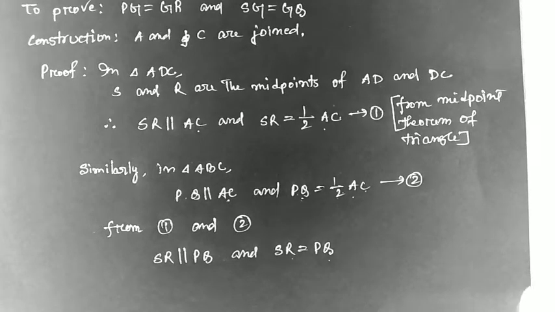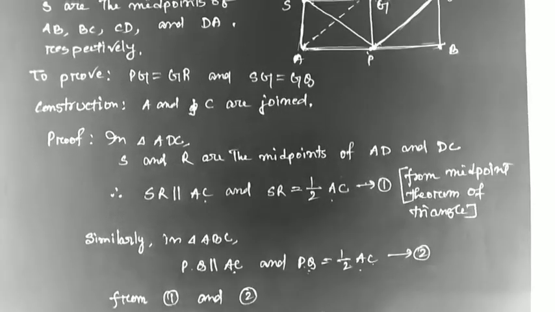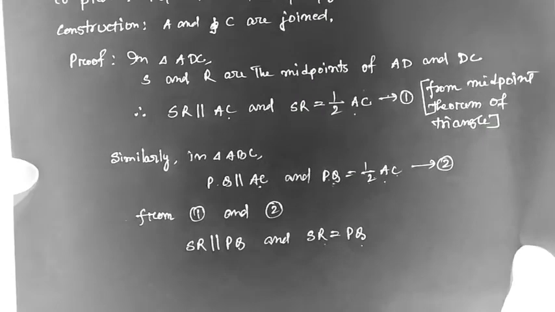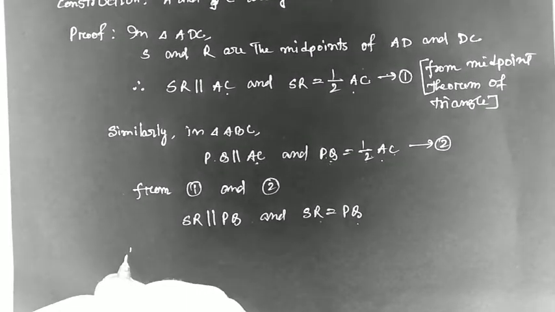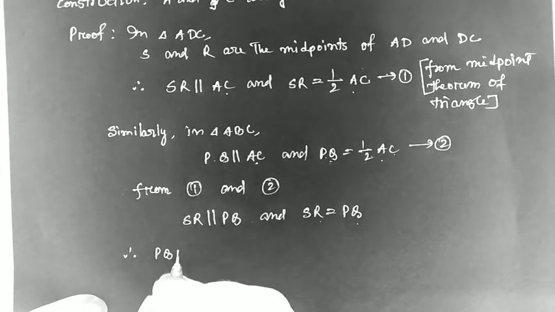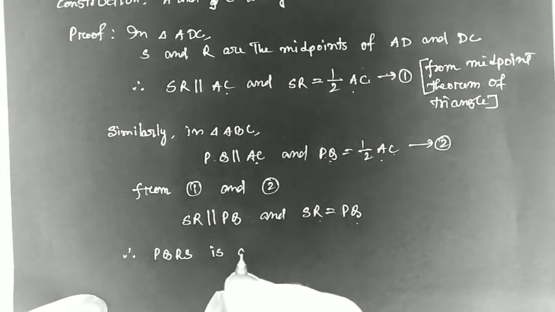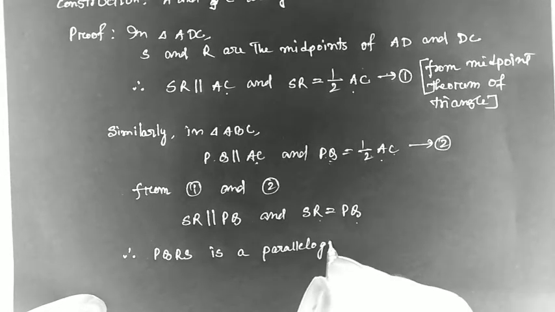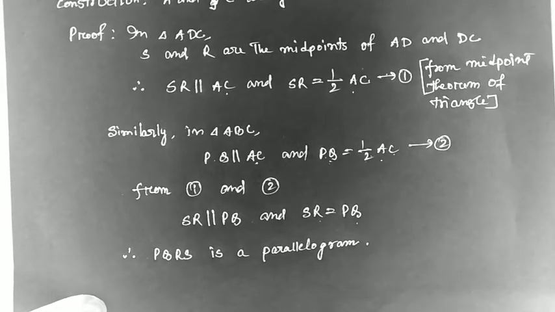And we know that if in a quadrilateral one pair of opposite sides is equal and parallel, then that quadrilateral becomes a parallelogram. Therefore PQRS is a parallelogram.